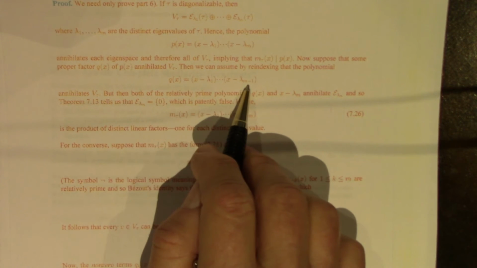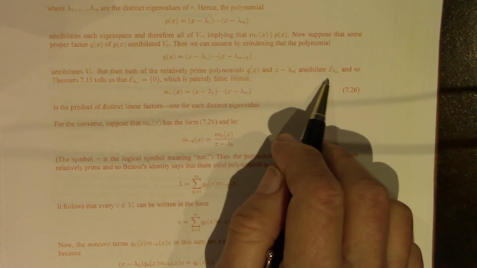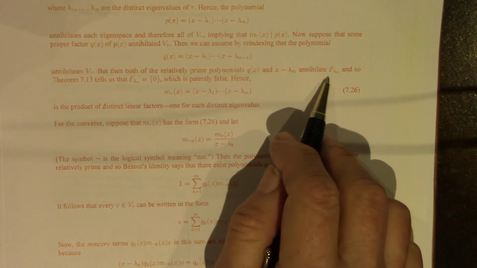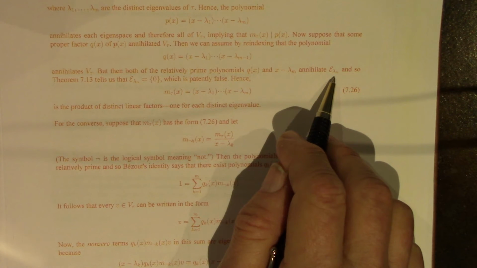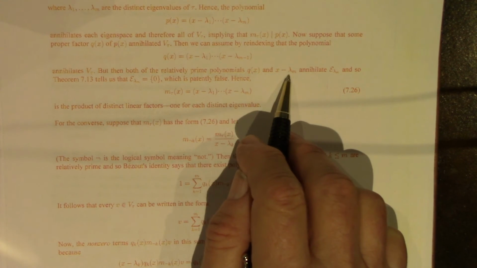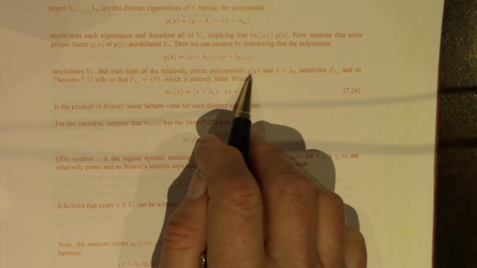This polynomial q of x and x minus lambda m are relatively prime, and they both annihilate the last eigenspace E sub lambda m. X minus lambda m annihilates this, and q annihilates everything.